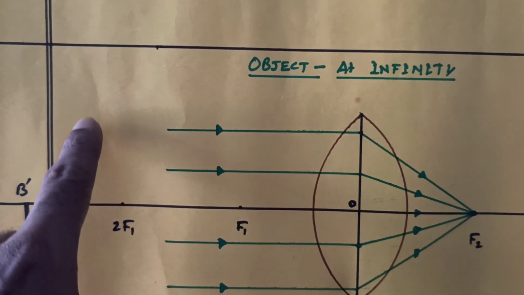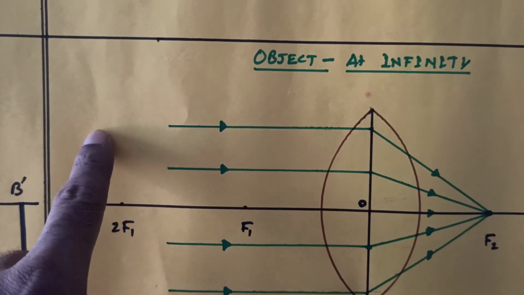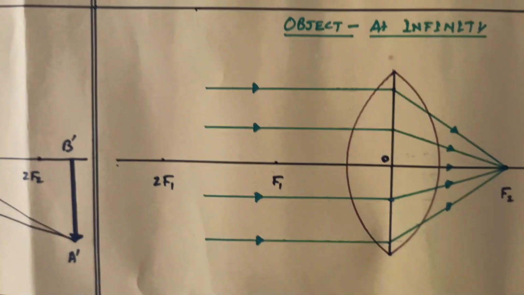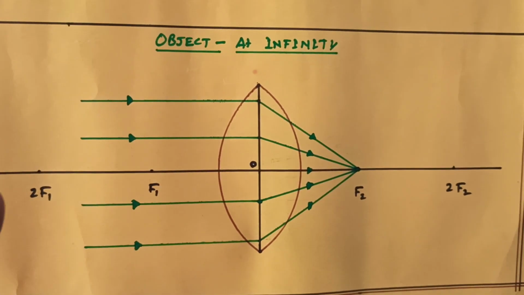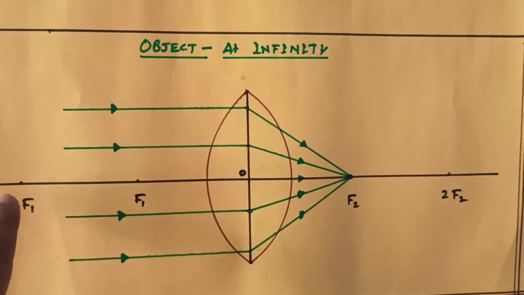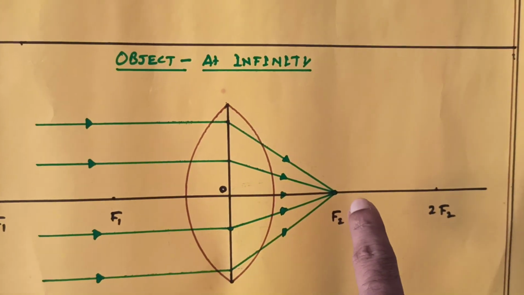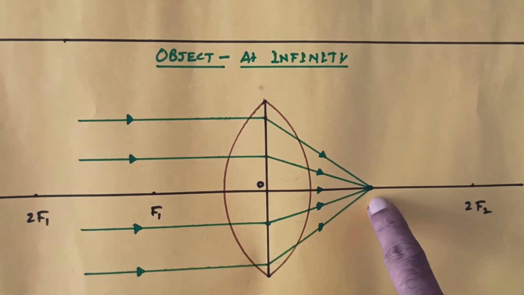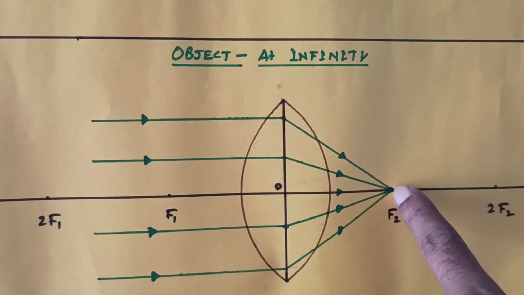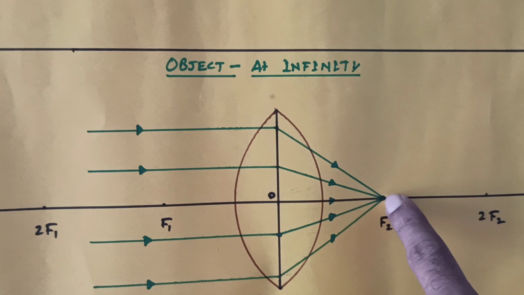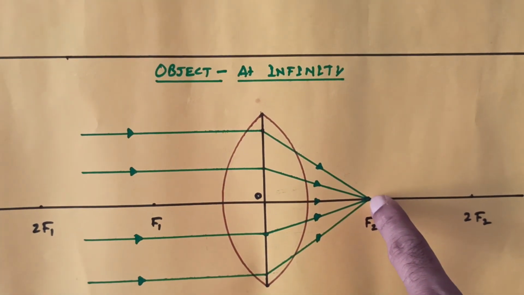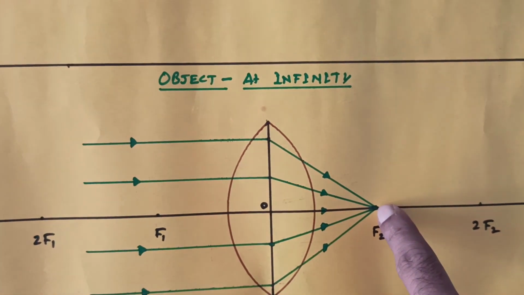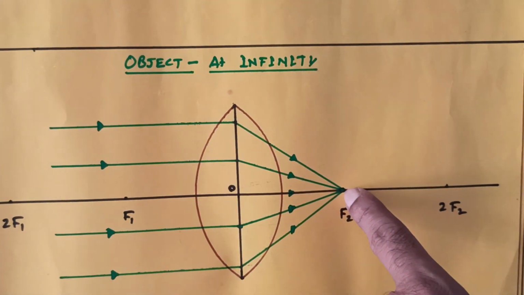Now you don't find any object here, that means the object is placed very far, so it is at infinity. The image forms at F2, and it is very small, a point size, that means it is highly diminished.